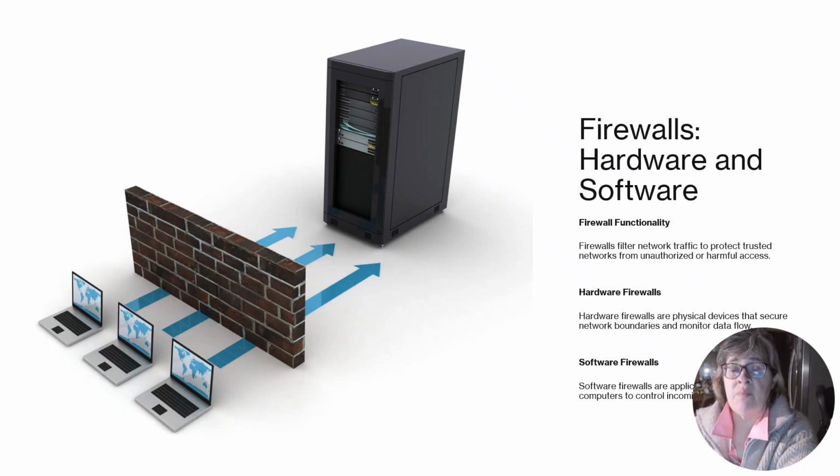Firewalls act as barriers between trusted and untrusted networks by filtering incoming and outgoing traffic based on predefined security rules, available as hardware devices or software applications. And a lot of places will use a combination of both.